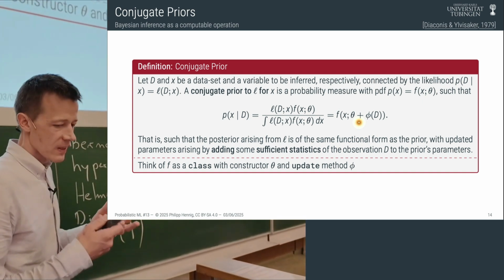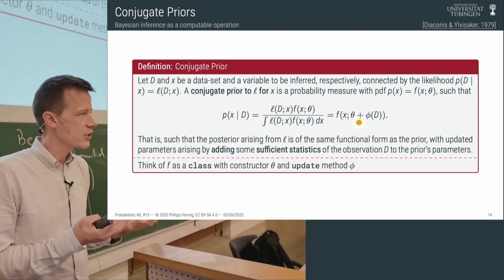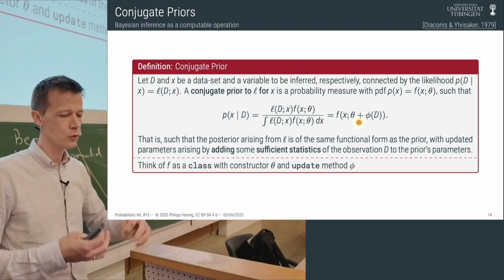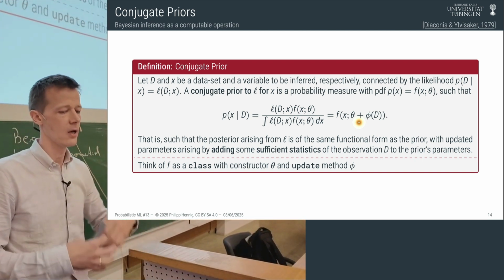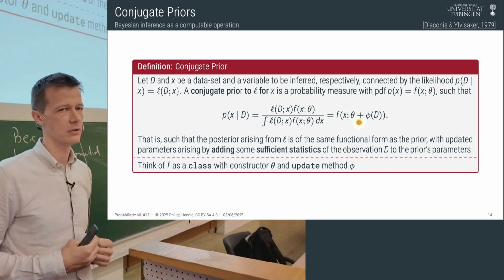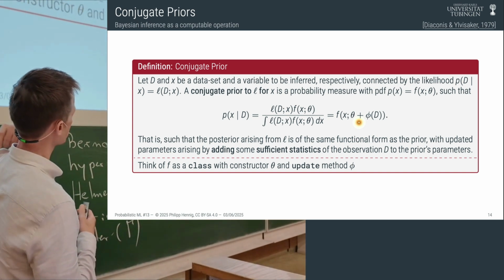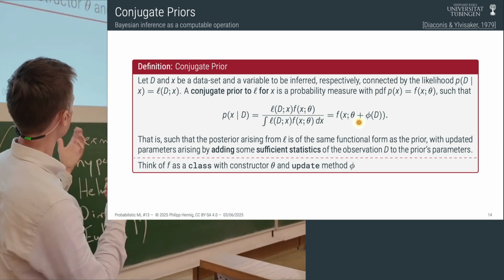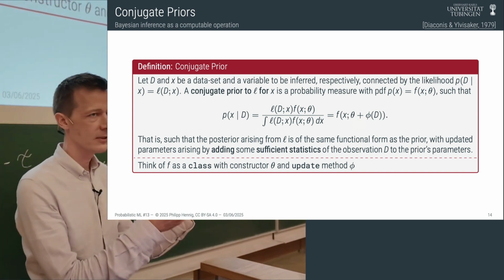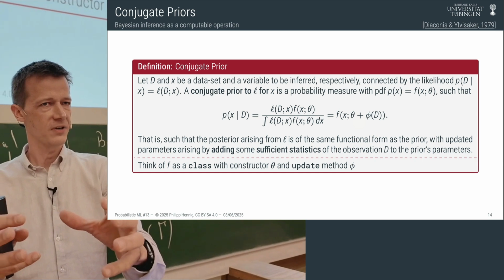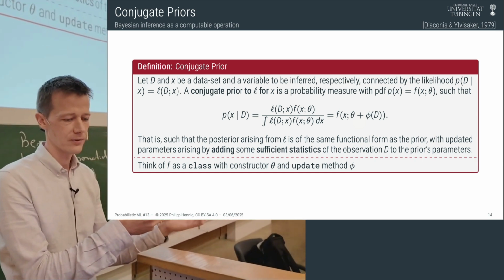This is a computational statement, right? It's the ability to compute a posterior by adding some function of the data. So what this describes is the ability to update a posterior by evaluating a function called phi and then just adding it to a bunch of numbers.